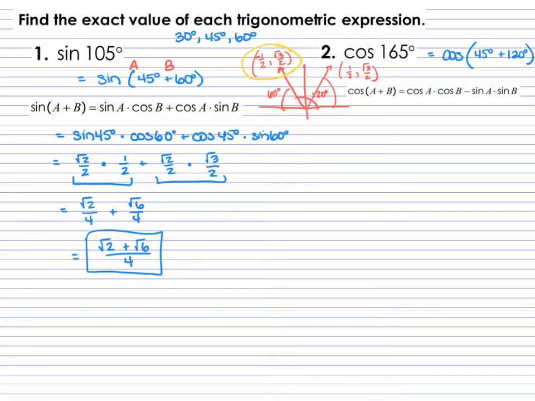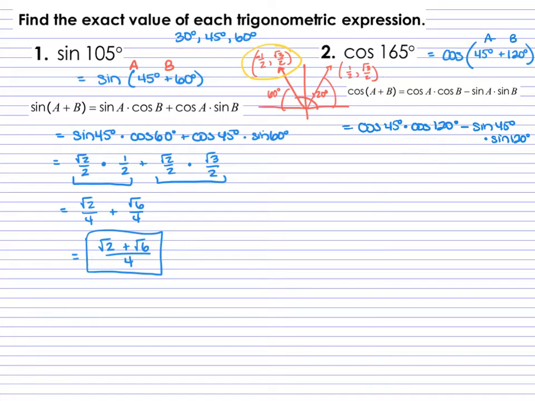So the cosine of A plus B is going to be equal to, again, here's my A and here's my B. So I've got the cosine of A, which is 45 degrees, times the cosine of B, which is 120 degrees, minus the sine of A, 45 degrees, times the sine of 120 degrees.